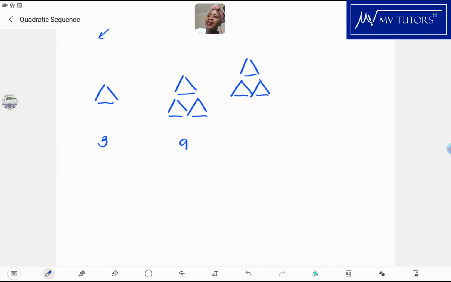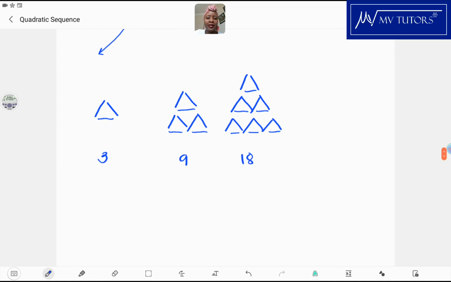Obviously they would touch each other, so don't mind my weird sketch. Just imagine them touching. So you have 1, 2, 3, up to 18.